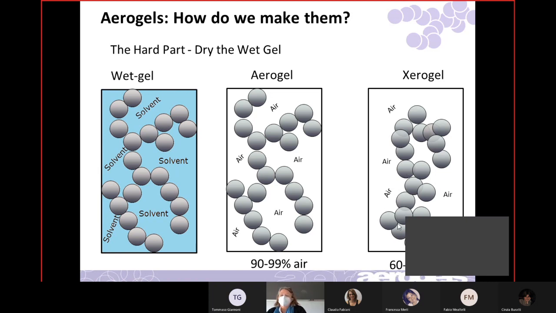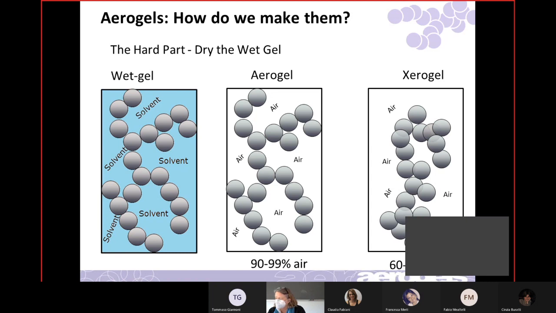And you can see the structure has shrunken down a little bit, a lot actually. You can make a single solid piece of xerogel if you dry it very slowly. And if you dry it too fast, you get pieces of dense material.